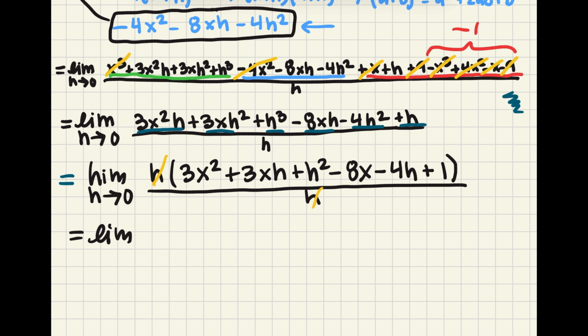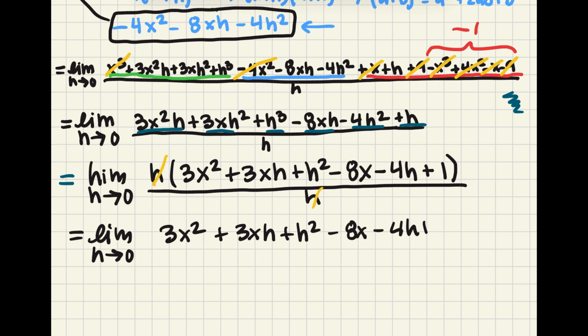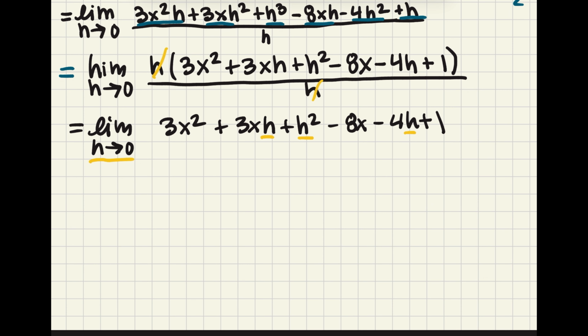So the limit as h approaches 0 will leave us with 3x squared plus 3xh plus h squared minus 8x minus 4h plus 1. And you can tell that things aren't going to simplify down more than this. So this is where we can plug in a 0 for anywhere we're seeing h, which would be right here, and right here. Let's scroll down a bit.